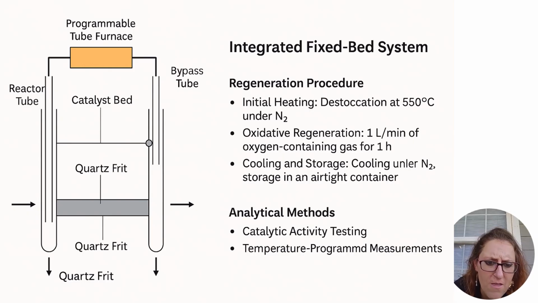This size range was selected to balance mass transfer efficiency with minimal pressure drop in the fixed bed. Approximately 10 grams of the ground catalyst was then loaded into the quartz reactor tube, ensuring uniform packing and stable contact with the fritted support layer. The entire assembly was leak tested to verify gas-tight operation before initiating the regeneration procedure.